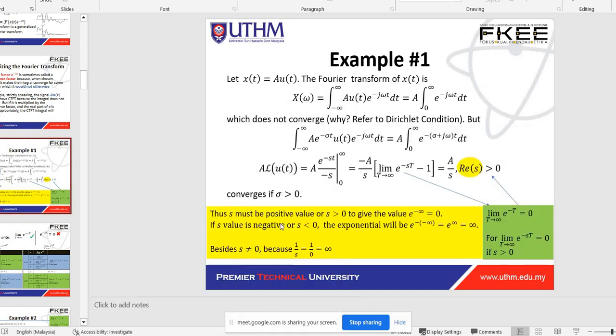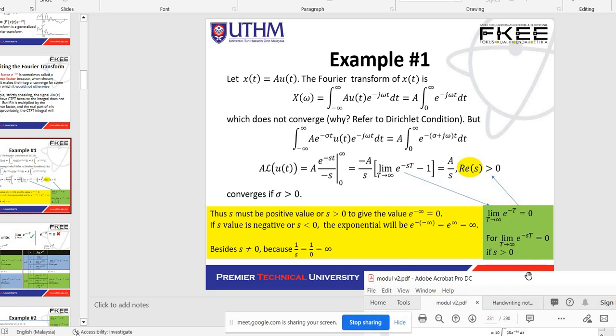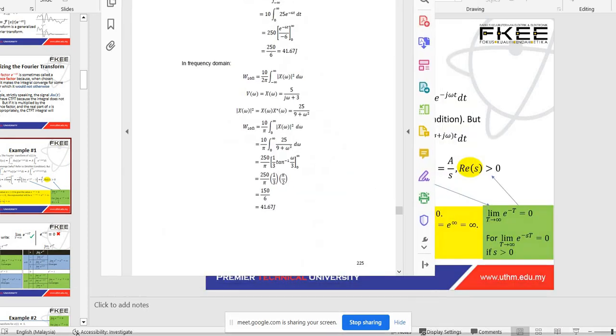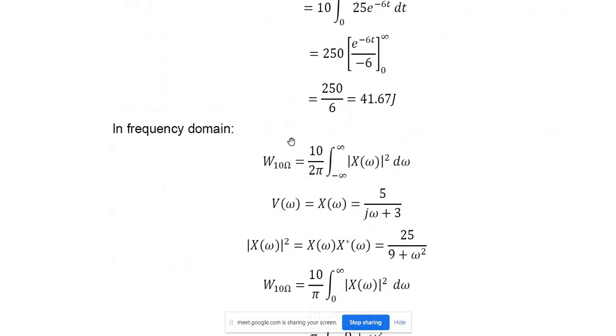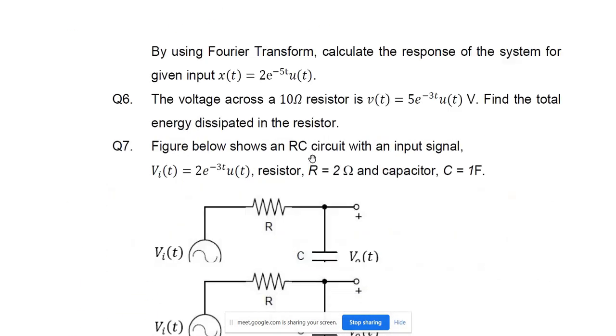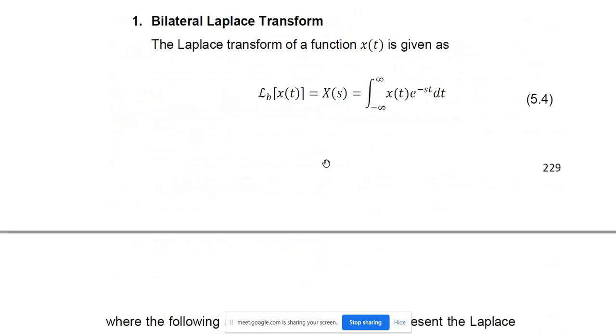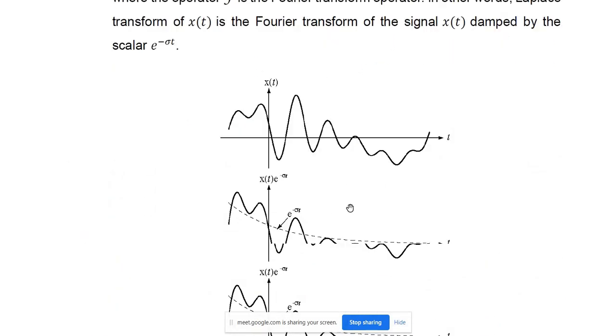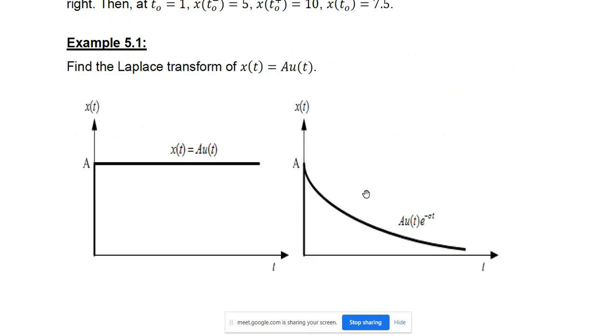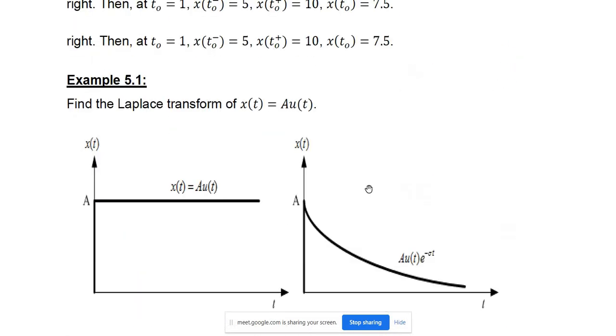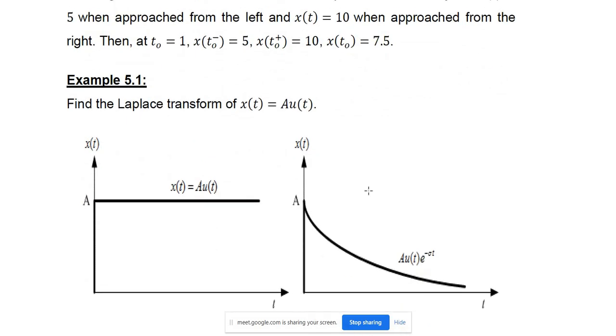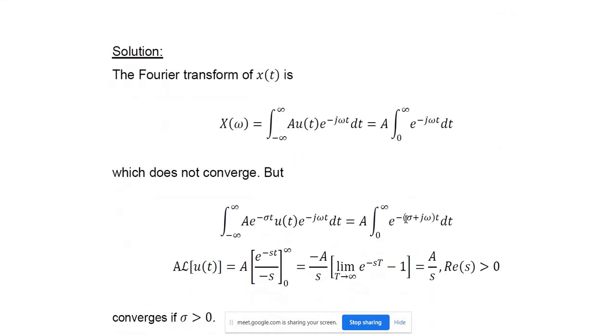We go to the module. Example 5.1: find the Laplace transform of x(t) equal to A u(t).